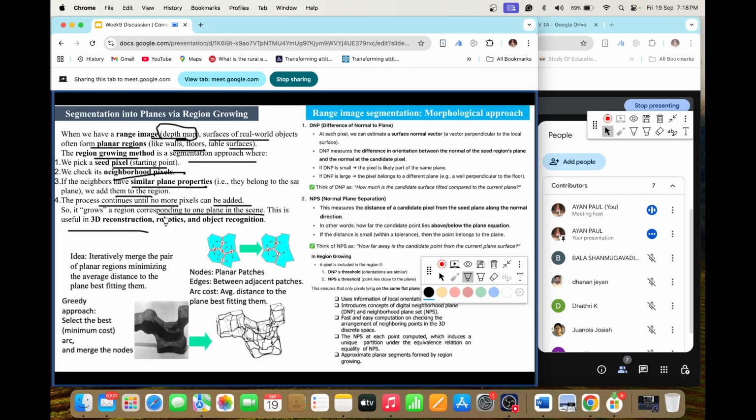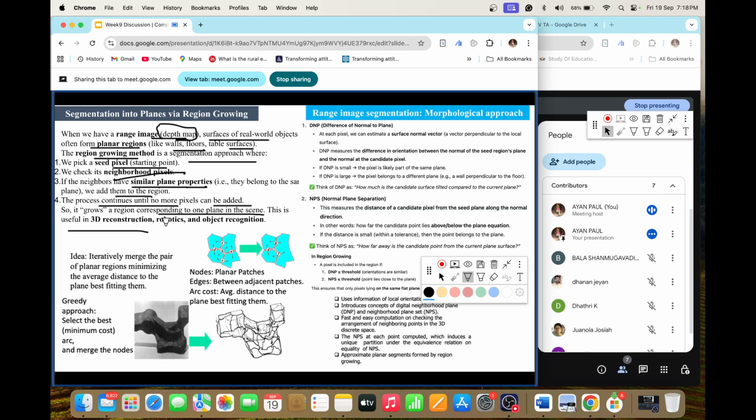So how do we approach this problem? First we pick a seed pixel or starting point, then we check its neighborhood pixels. If the neighborhood pixels have similar plane properties, we add them to the region, and we continue the process until no more pixels can be added.